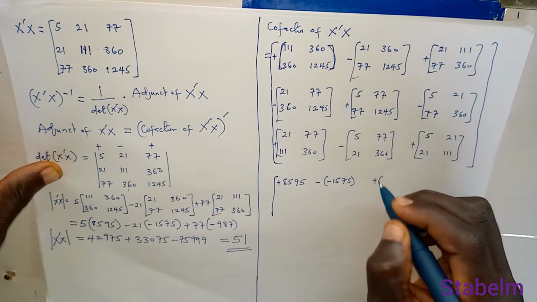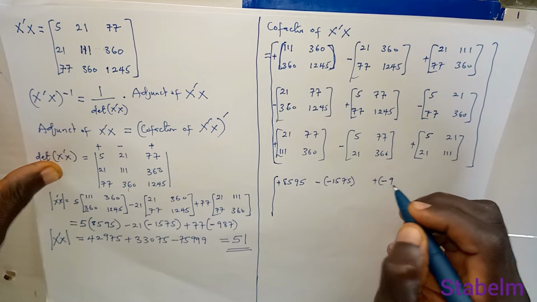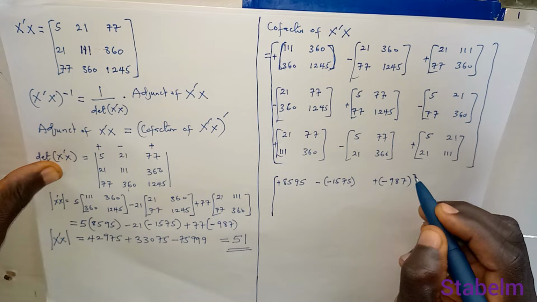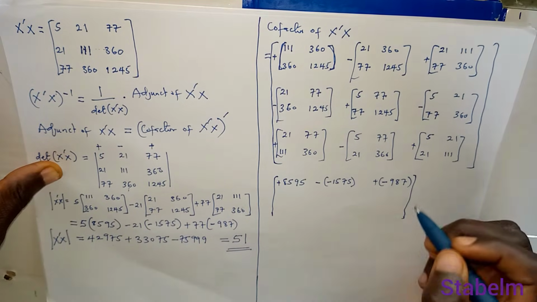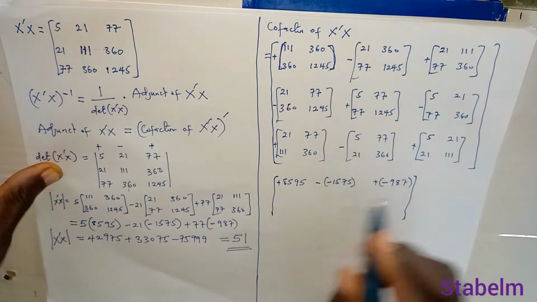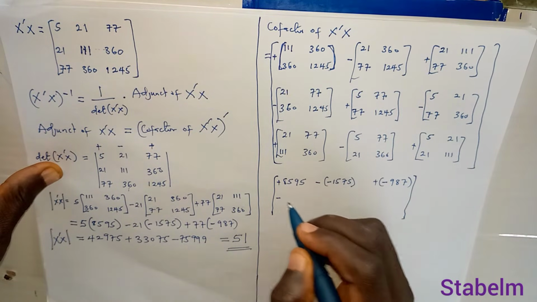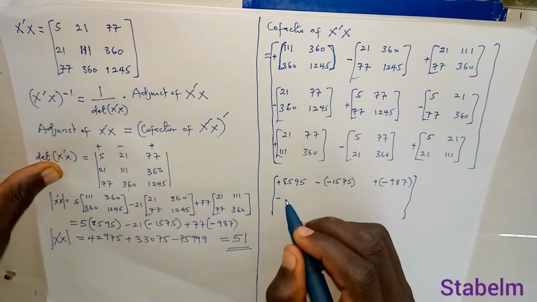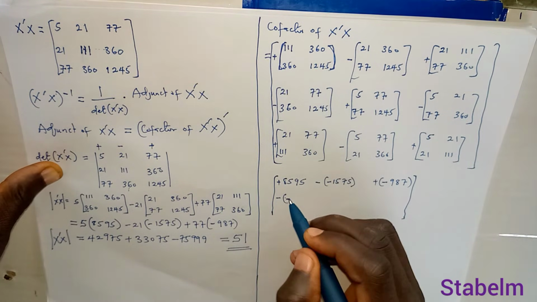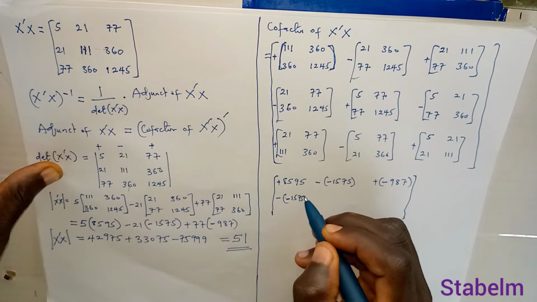If you use your calculator, you're going to have minus 987. Alright, if you do it for the rest, just like we do for the first here, we're going to have a minus, because we have minus here. So the determinant here is going to be minus 1575.